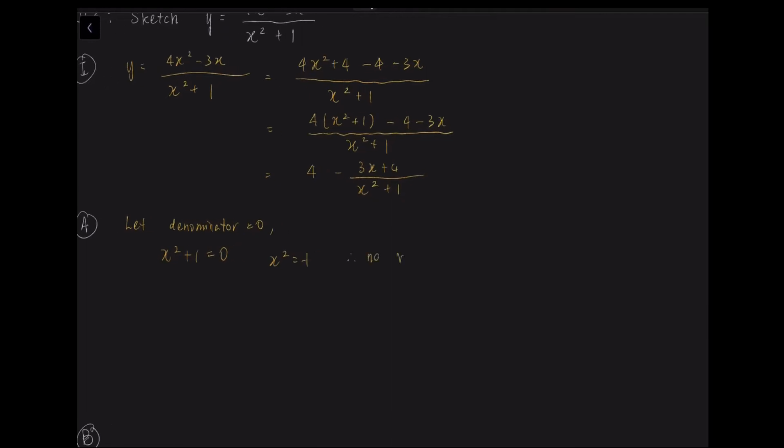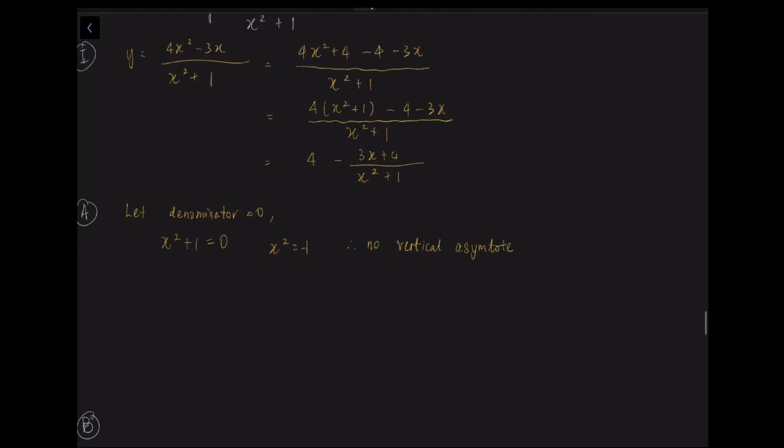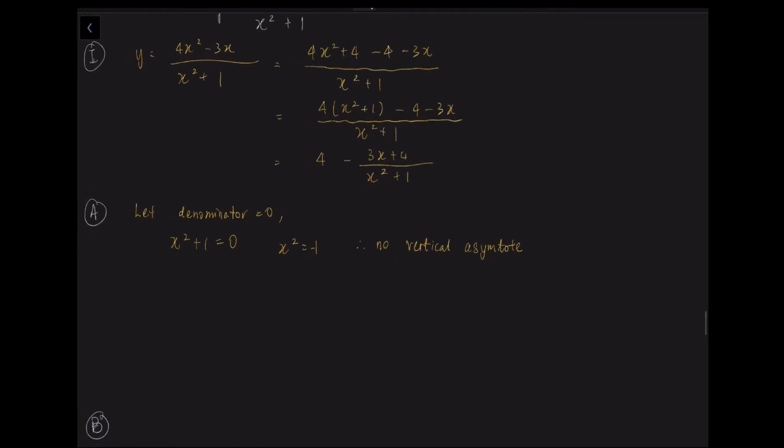And we know that the square root of minus 1 is an imaginary number. So we don't have any vertical asymptote in this case. For the other asymptote, we are going to look at the non-fractional part of the identity equation. In this case, it's 4. So we know that the other asymptote is y equals 4.